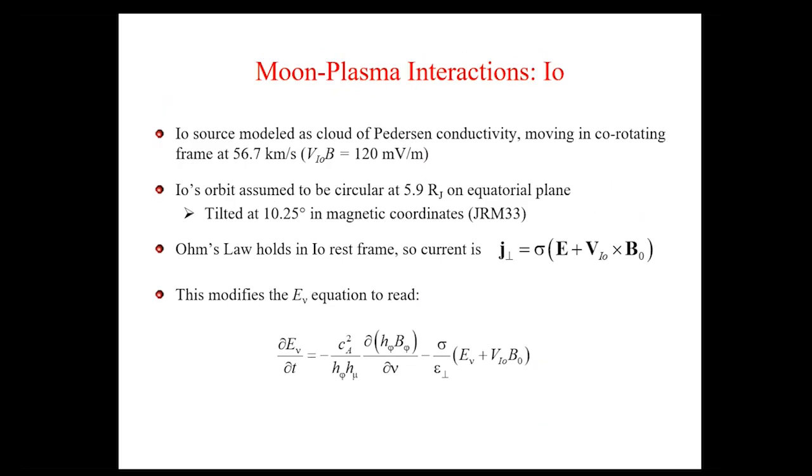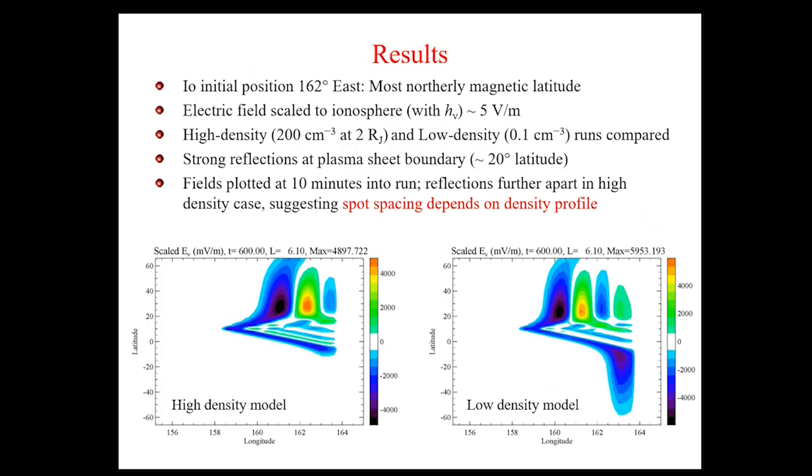That would be interesting. I'd like to mention a couple of things about the moon plasma interaction. Jamie is going to talk about this on Thursday, but I thought I'd advertise some stuff I had at a poster in the virtual MOP last year. Basically, treating Io as a cloud of Pedersen conductivity, and Stefan Schlegel will talk about effective Hall currents in this regime. We've developed a computer model of this.